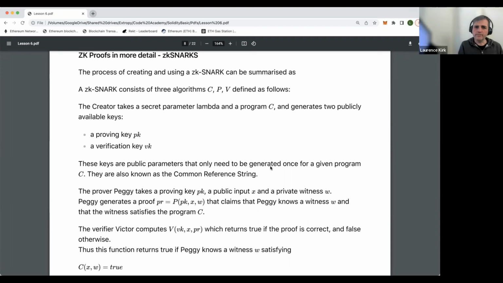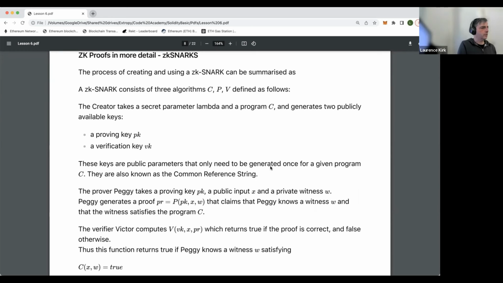We take that algorithm, and then we need to have a bit of random data, and this random data has to be kept secret, and it's called the lambda parameter. In the initial types of zkSNARKs, the way they work, they required this secret parameter.